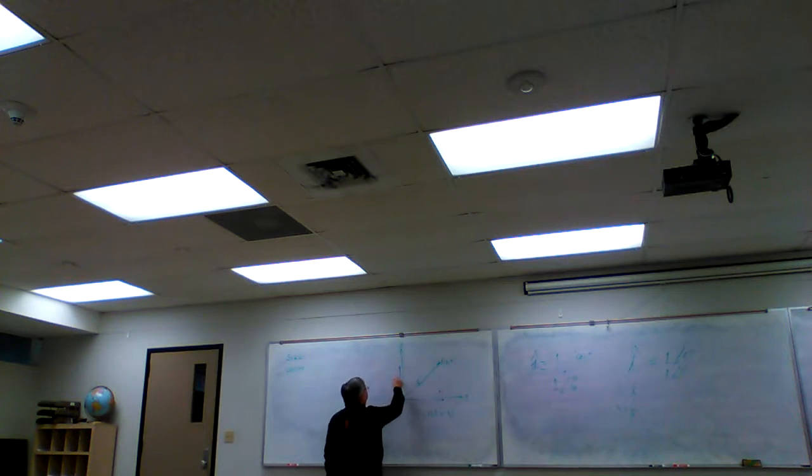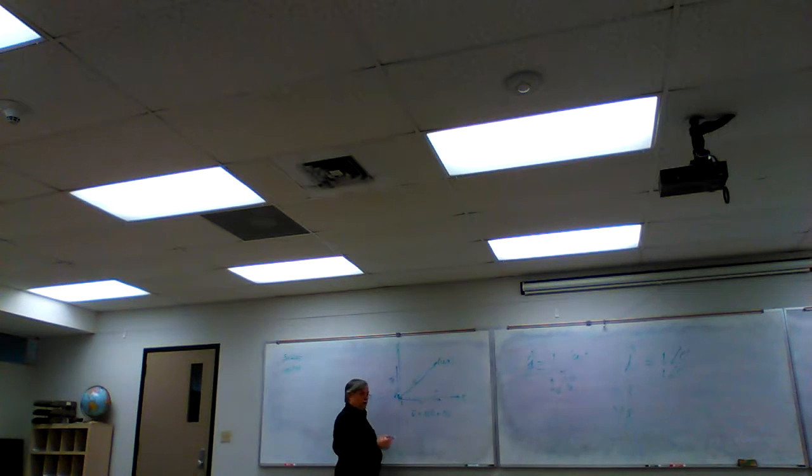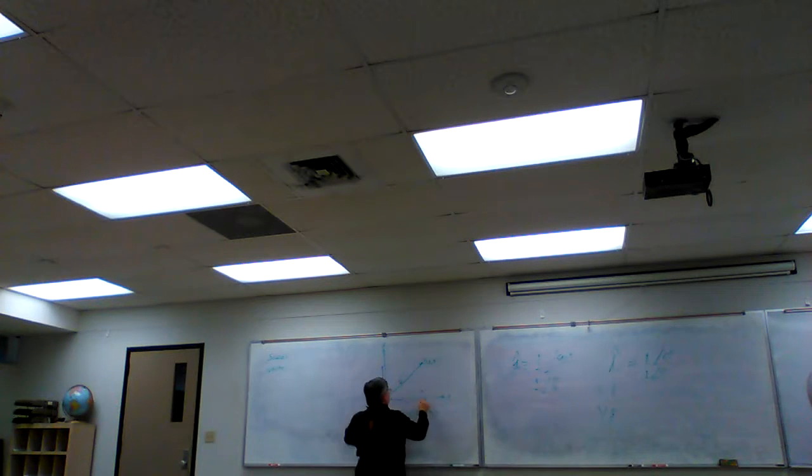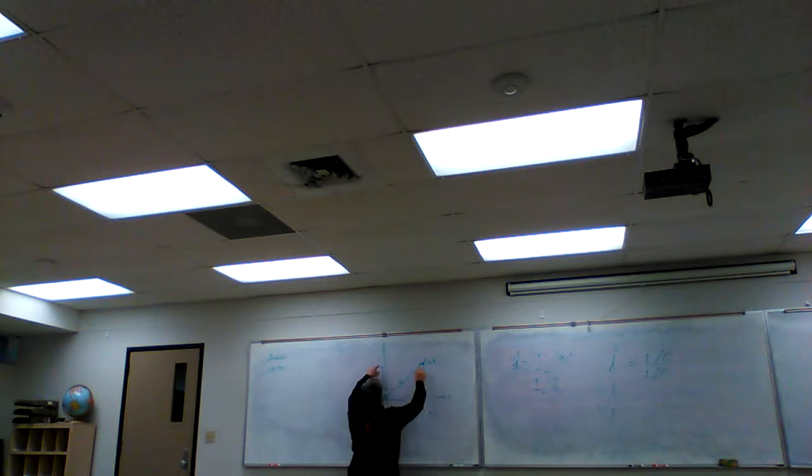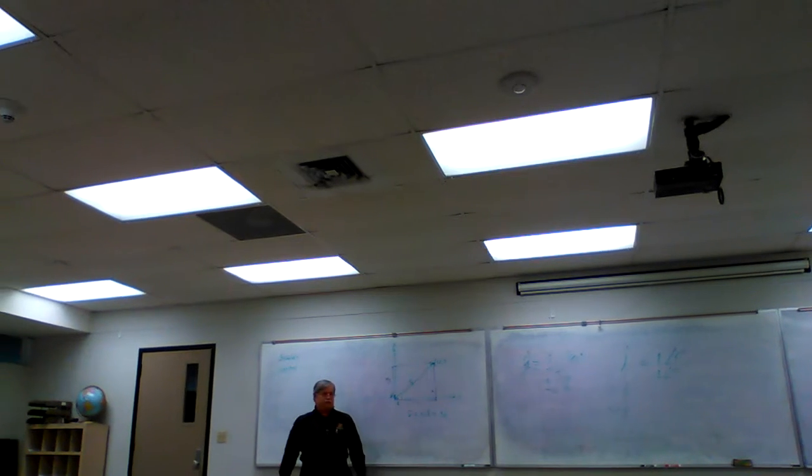How would you add these two vectors? Graphically, you would take this vector, set it here, move it up, and then connect the endpoints. You could also just as easily take this vector, move it here, and connect the endpoints, and you get the same resultant vector.